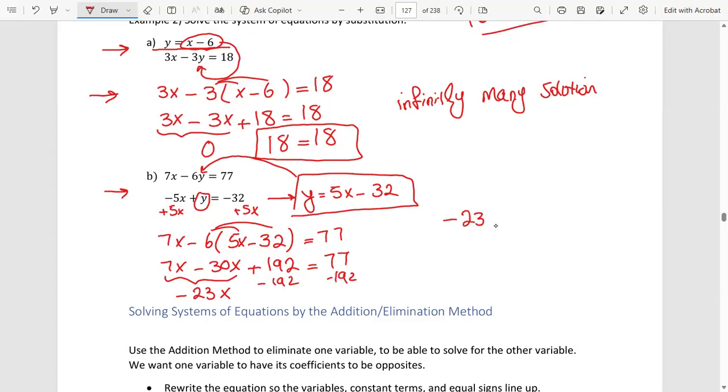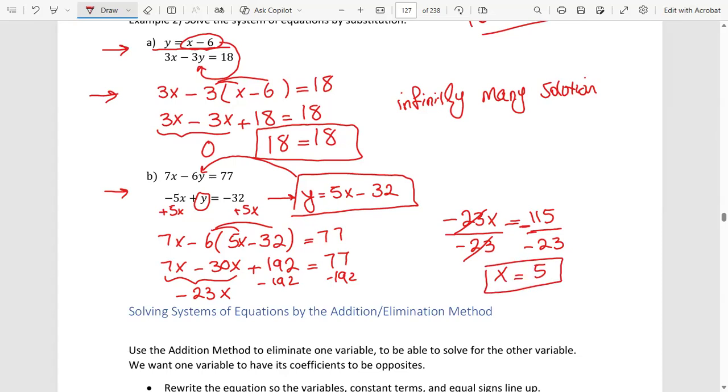So negative 23x must be equal to 77 minus 192, which is negative 115. To isolate the x, you have to divide both sides by negative 23. 115 divided by 23 is 5.